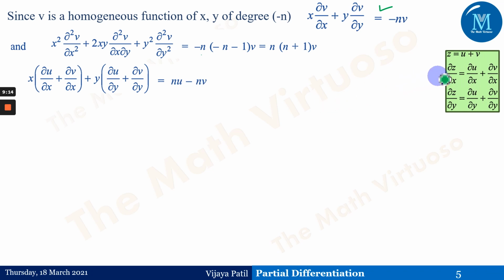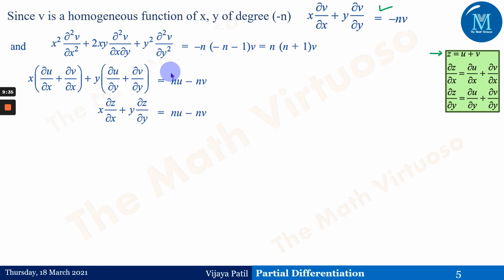But we know that z is equal to u plus v, and dou z upon dou x is the same as dou u upon dou x plus dou v upon dou x. That means it's the addition property of differentiation. This is also something we have seen in the first introduction to partial differentiation.